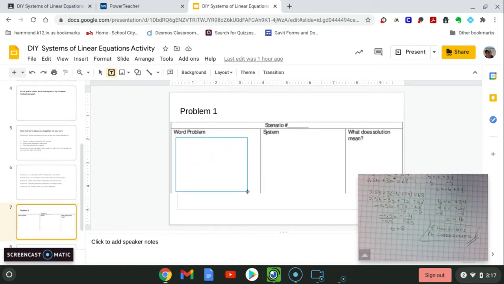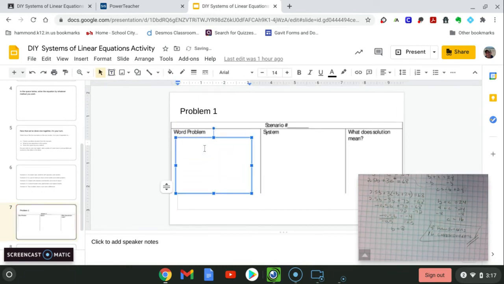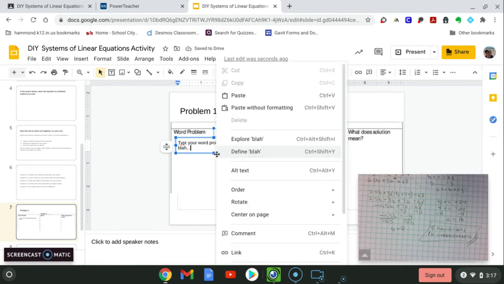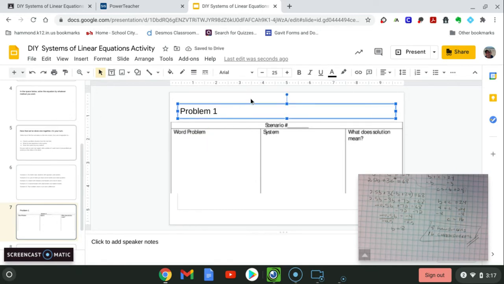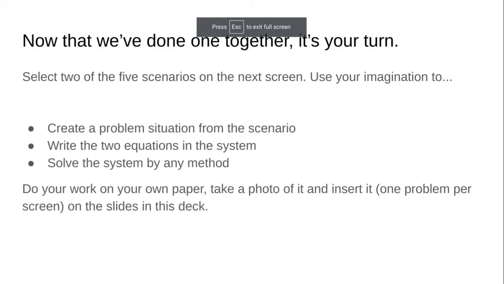And you go ahead and drag where you want that. And then you can type in there, type your word problem. So that's your job.